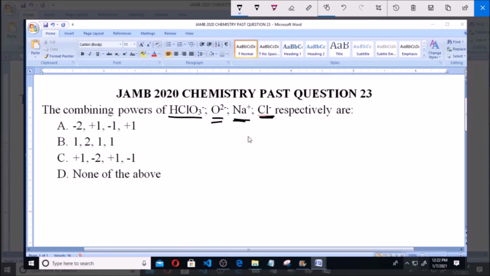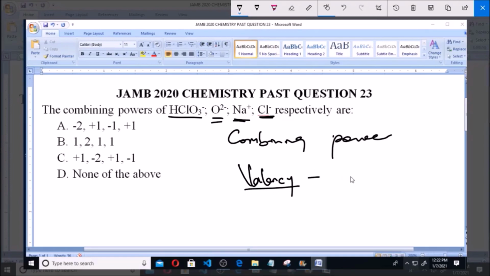Now, when we're talking about the combining power of a substance, compound or element, we're talking about the valency of such compound or element. Valency has no charge, it has no sign, either positive or negative, unlike ions. Ions are represented with charge, either positive or negative.